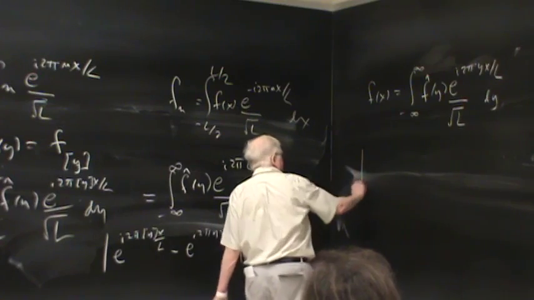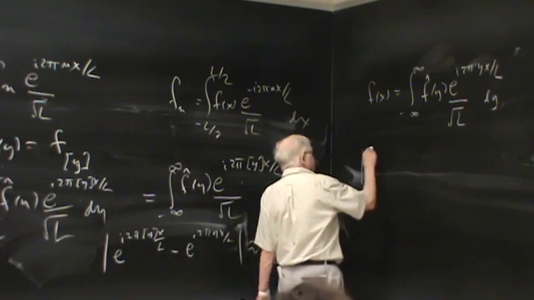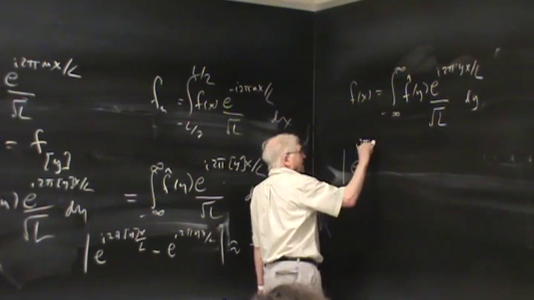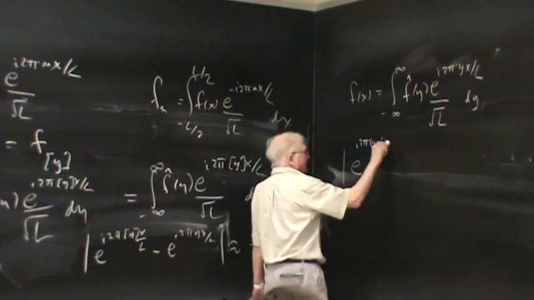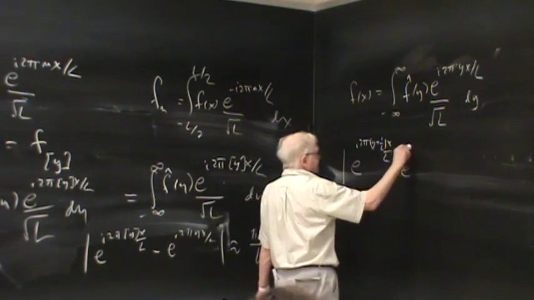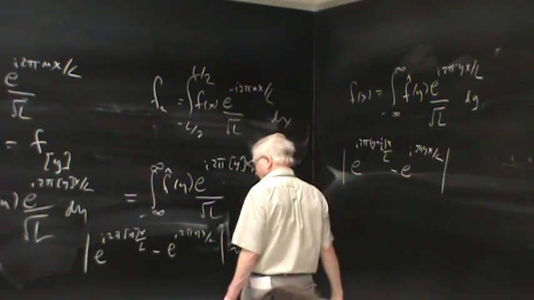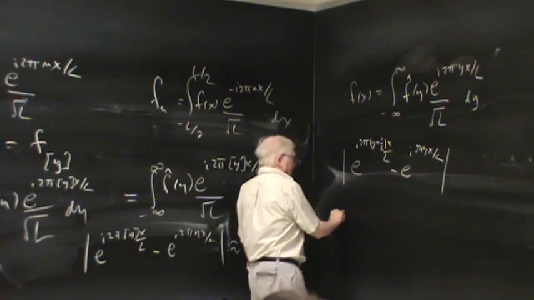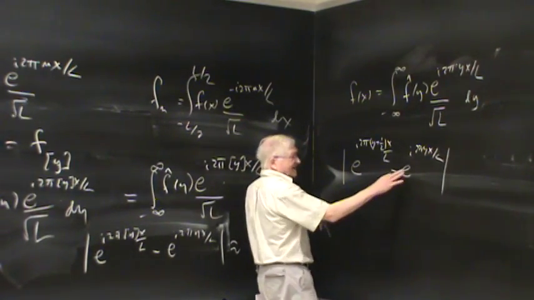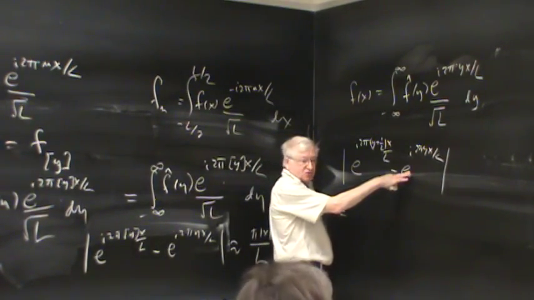Then we have the absolute value of e to the i 2 pi (y plus a half) x over L minus e to the i 2 pi y x over L. We can factor this exponential out.